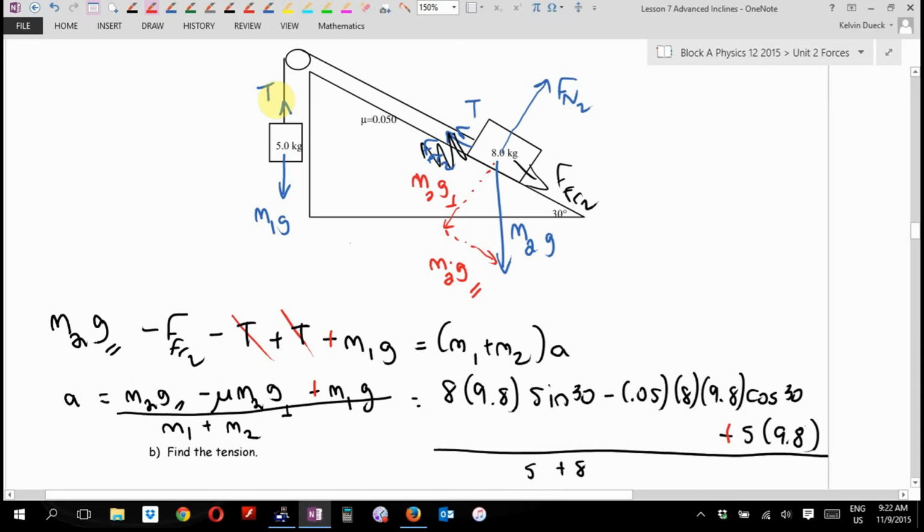The tensions still cancel, yes? M2G parallel, M2G perpendicular is a loser? Loser. What about friction? Winner or loser? Oh, you know what? That's convenient.